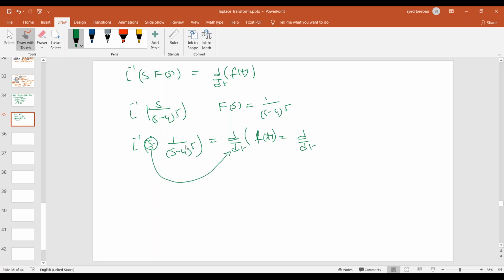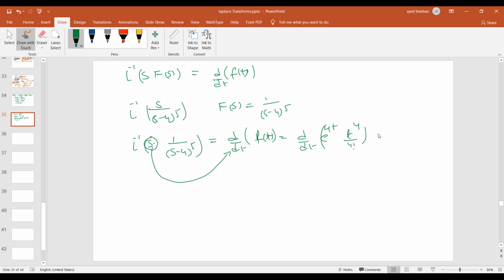Now on simplification, e power 4t and t power 4 by 4 factorial. This is a d by dt.